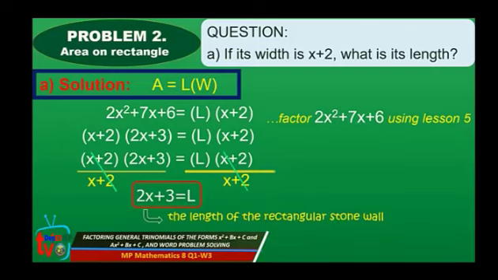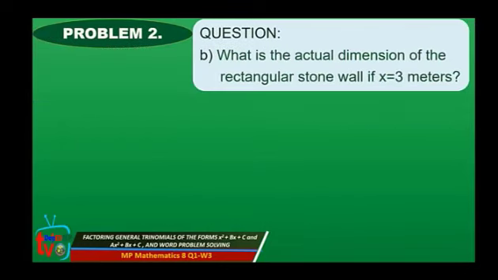The next question is, what is the actual dimension of the rectangular stone wall if x is equal to 3 meters? When we say dimension, this means the measure of the length and the width. So to answer the question, we simply substitute the given value of x, which is equal to 3, to the width and the length.